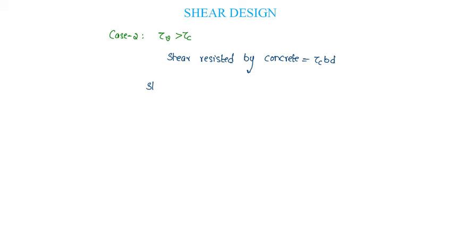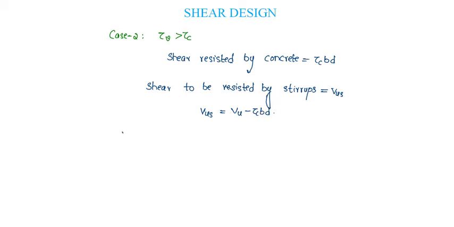Then the shear to be resisted by shear reinforcement, that is stirrups, will be VUS. VUS is calculated as VU minus tau c BD.